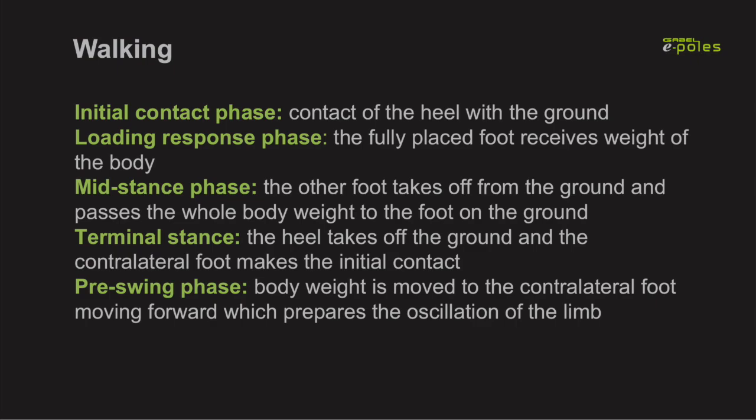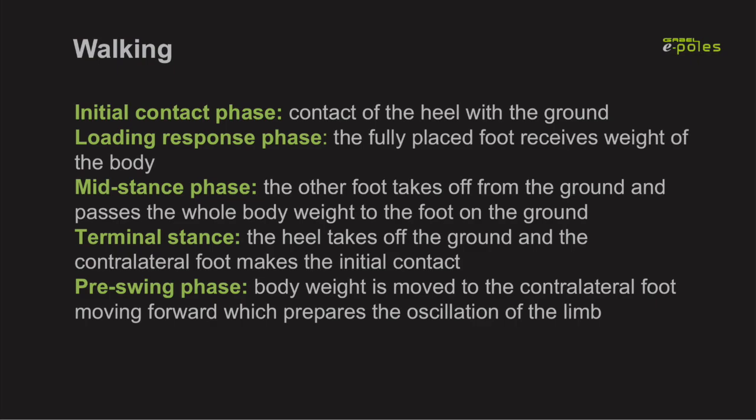The next, a terminal stance, is a stage when a heel raises from the ground and the contralateral foot makes the initial contact. A pre-swing phase is the 5th phase, when the body weight is moved to the contralateral foot, which prepares the oscillation of the limb.